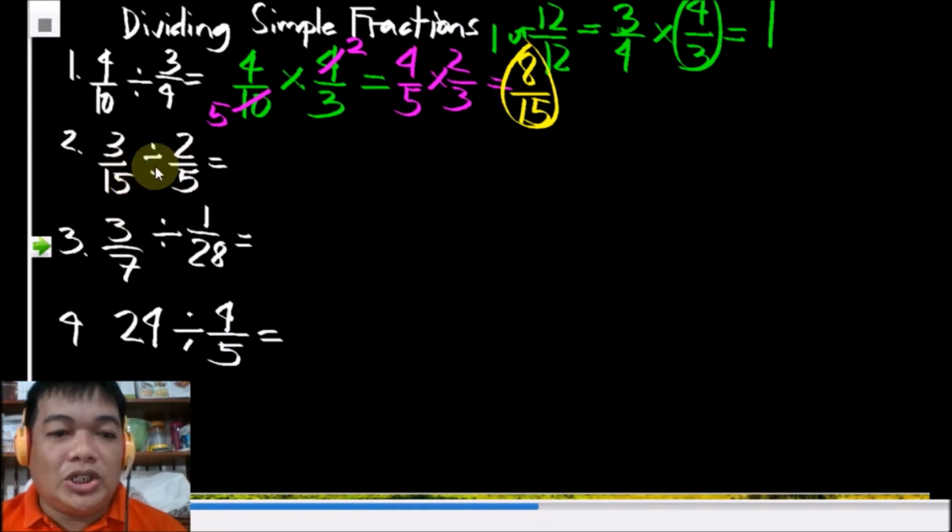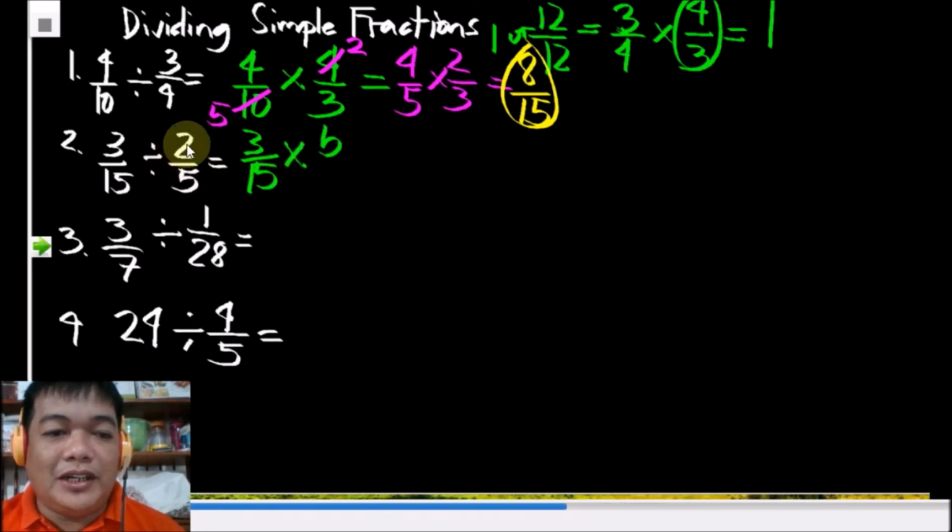You're going to write 3/15, then rewrite the division operation as a related multiplication, with the reciprocal of your divisor.